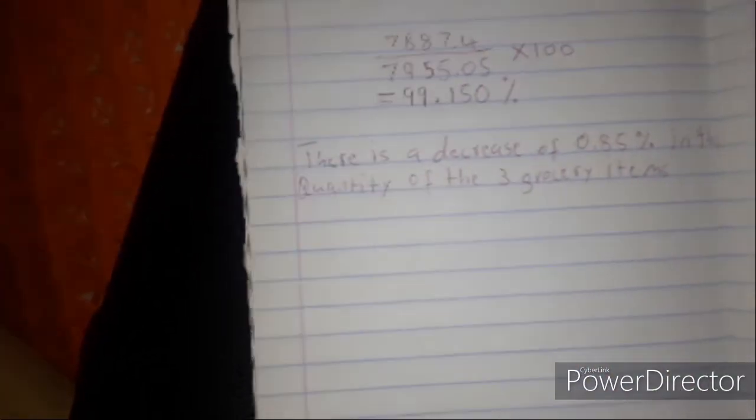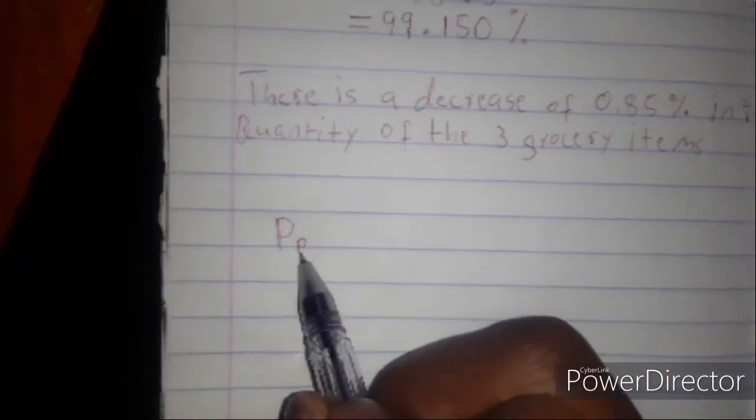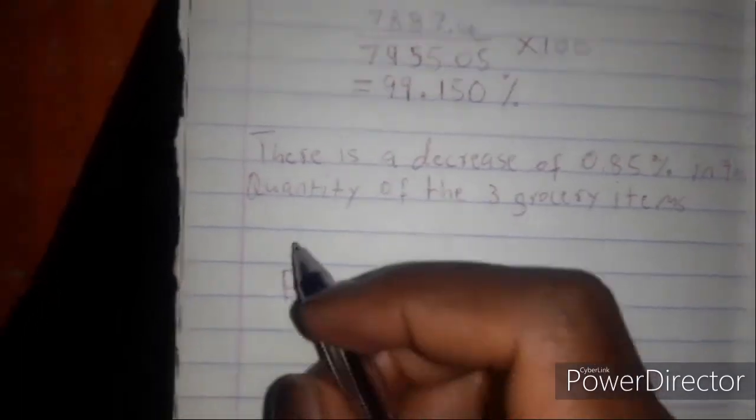Now, without wasting time, I'm gonna calculate the past price index. So the formula will be as follows. Past stands for past price index.